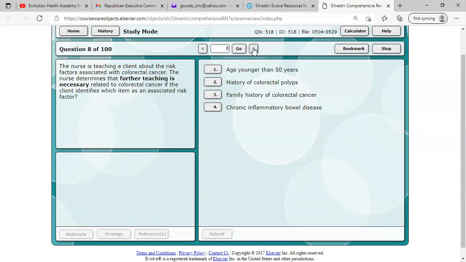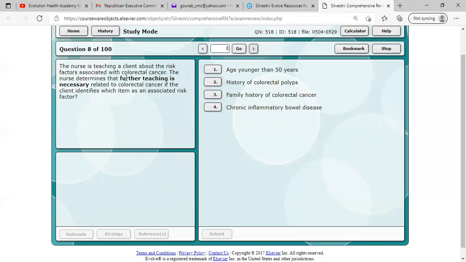So in this question, the nurse is teaching a client about the risk factors associated with colorectal cancer. The nurse determines that further teaching is necessary if the client identifies which item as an associated risk factor.